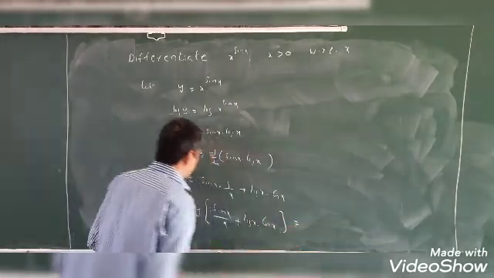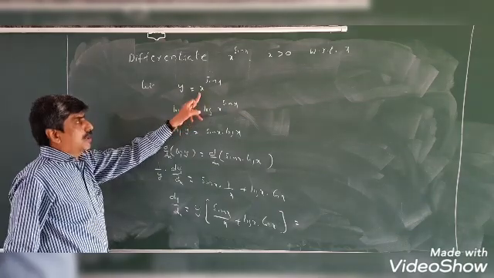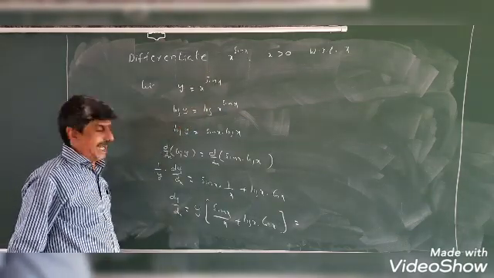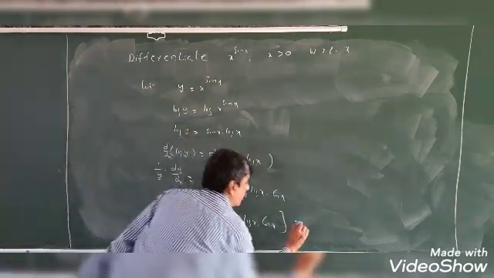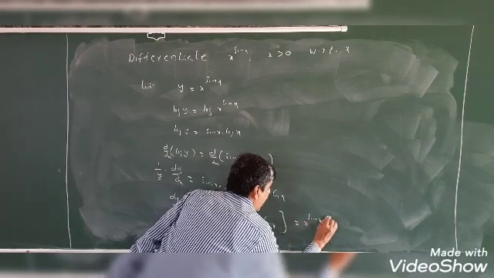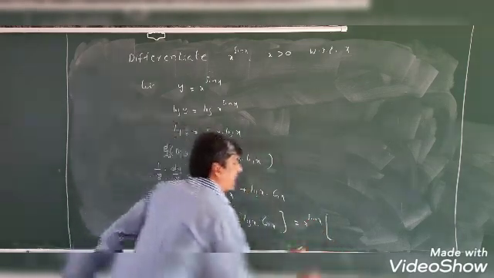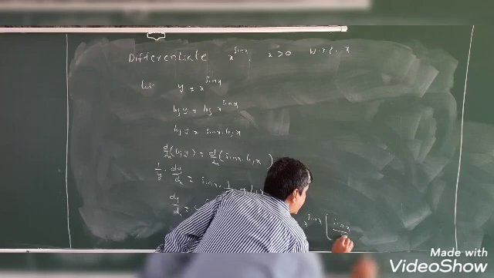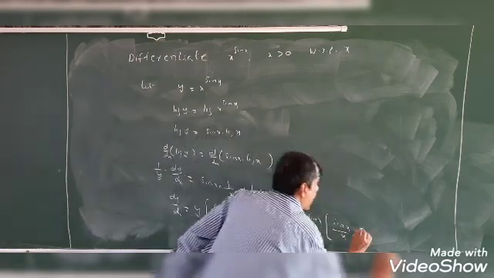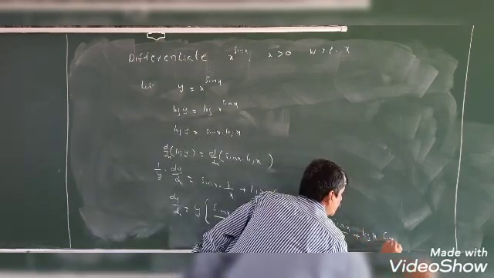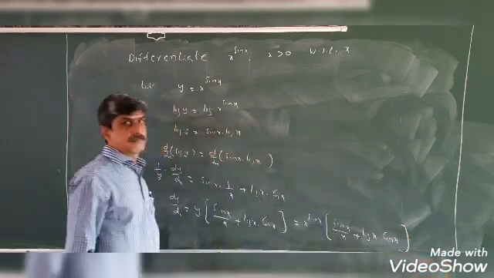And y is equal to x power sin x, as we started with. So dy by dx is equal to x power sin x into sin x by x plus log x into cos x.